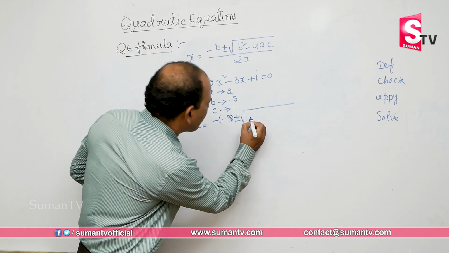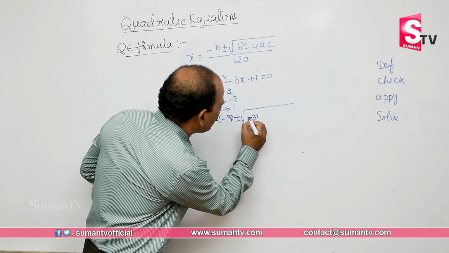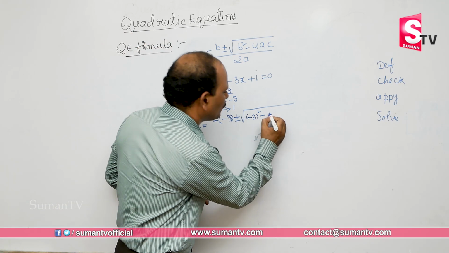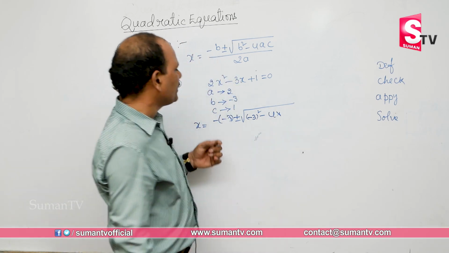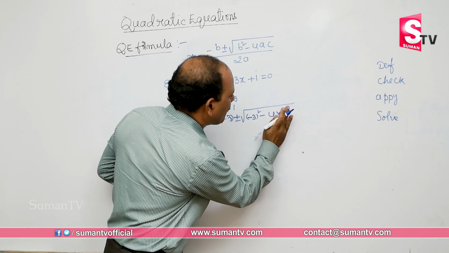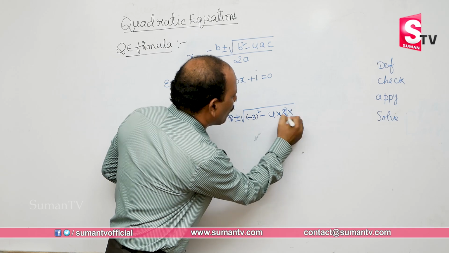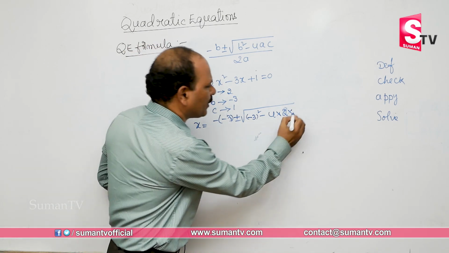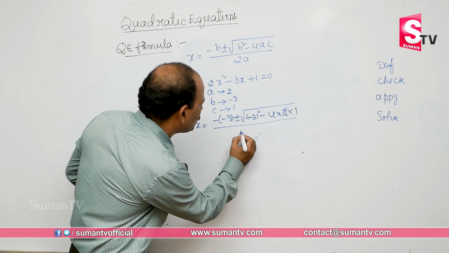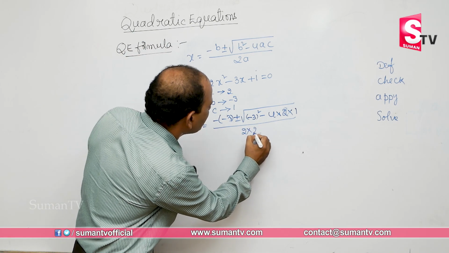Minus 3 again. Minus 3 whole square minus 4ac. 4 into what is a here? 2. And what is c here? 1, by 2a. 2 into the value of a, which is 2.